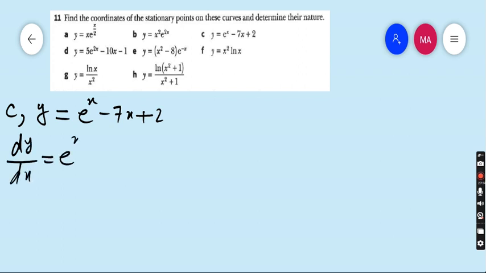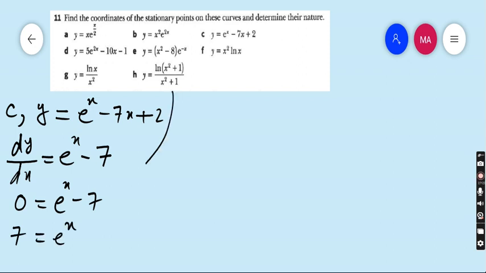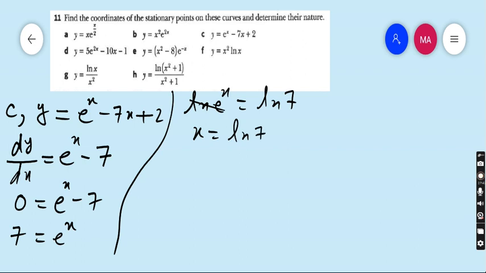The e^x derivative is e^x, the -7x derivative is -7. Replace dy/dx by 0: e^x minus 7 equals 0, so 7 is equal to e^x. In order to find the value of x, taking ln on both sides, ln and e cancel, so x is equal to ln 7. This is the value of x.